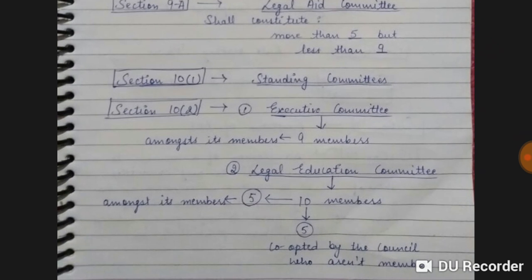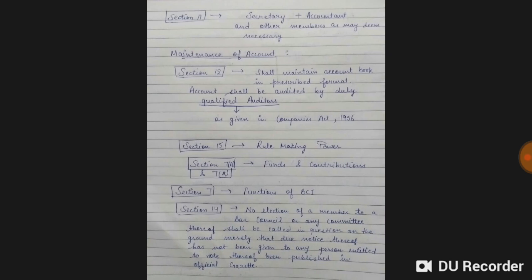And legal education committee shall constitute of 10 members, out of which 5 must be amongst its members, and the remaining 5 will be co-opted by the council, and those co-opted members must not be amongst the members of Bar Council of India.